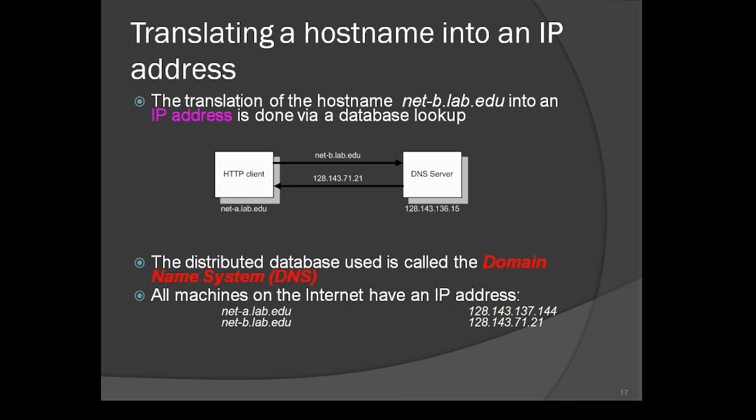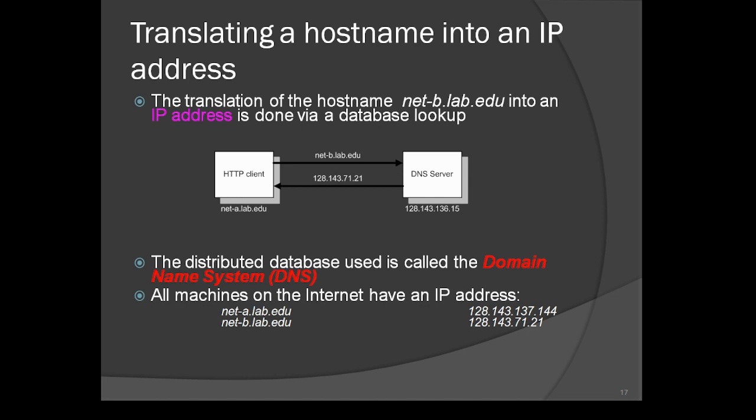So it is detected on the DNS server that net-b.lab.edu has the IP address 128.143.71.21. The distributed database used is called the Domain Name System. All machines on the internet must have an IP address.